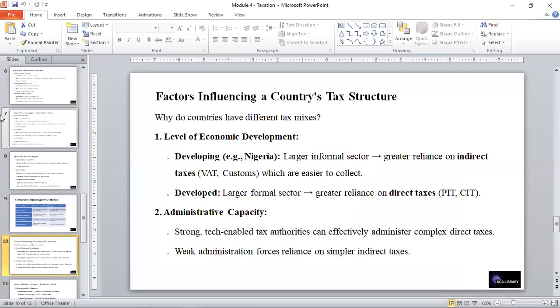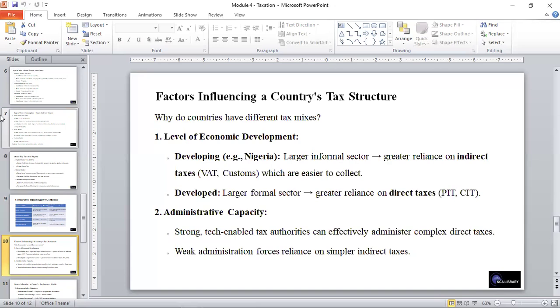The first is the level of economic development, and for this you can see it in terms of developing countries like Nigeria, with a larger informal sector, which leads to greater reliance on indirect taxes, which are easier to collect. And for developed countries, a larger formal sector leads to greater reliance on direct taxes.